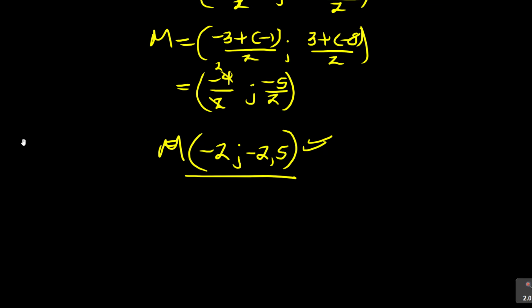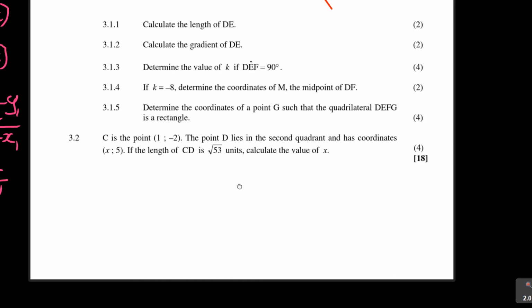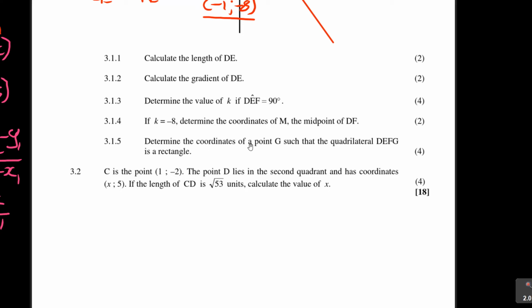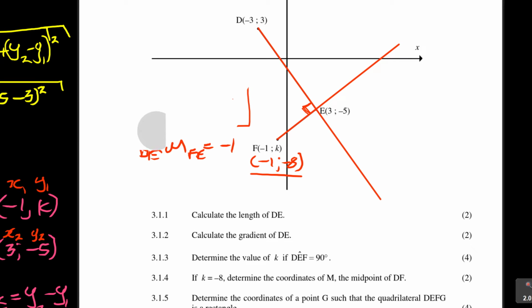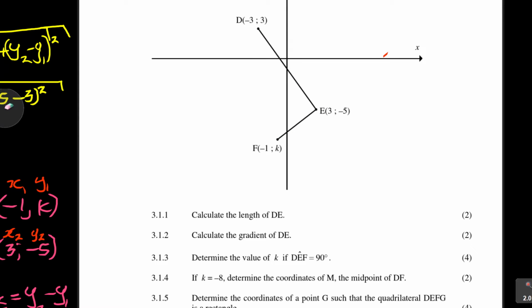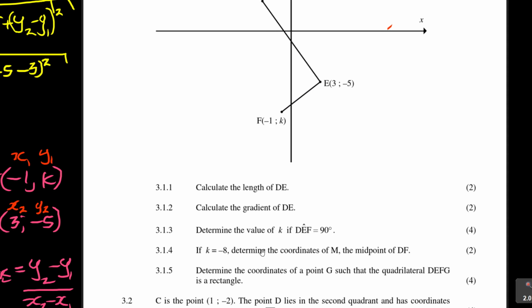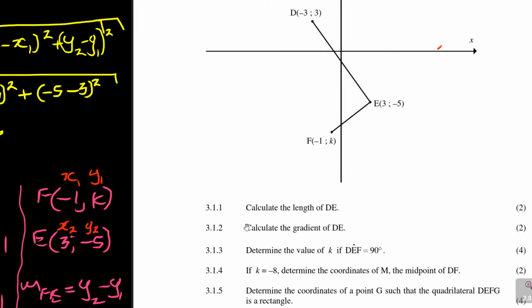All right. Then the next question says here, determine the coordinates of the point G such that the quadrilateral DEFG is a rectangle. Now let me erase here and see what they are saying. They are saying determine the coordinates of point G so that the quadrilateral DEFG is a rectangle.